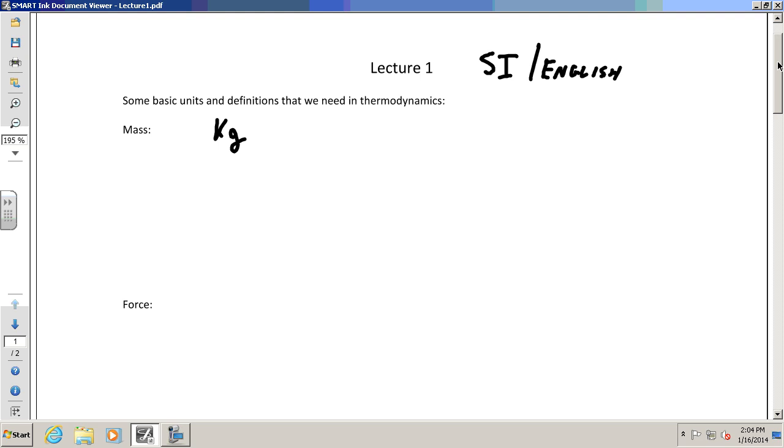And then we also have mass in the English system. Now, the standard in most courses in the English system is the slug. That is the standard unit that we use for mass in the English system. But thermodynamics is a little different. We will not use the slug. By the way, a slug is a lot of mass.